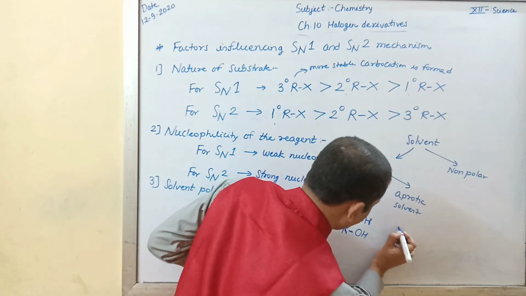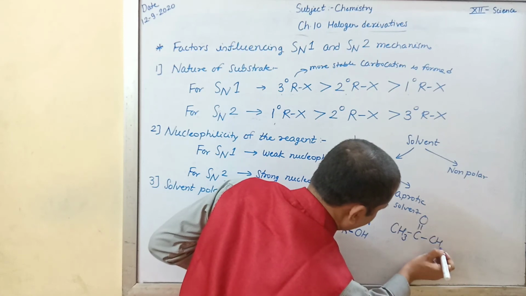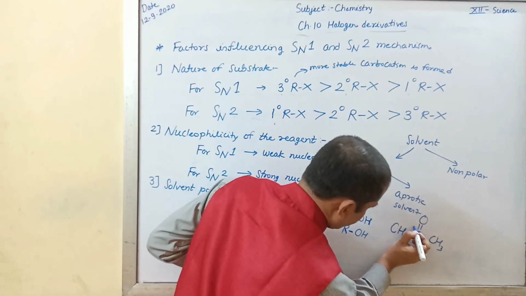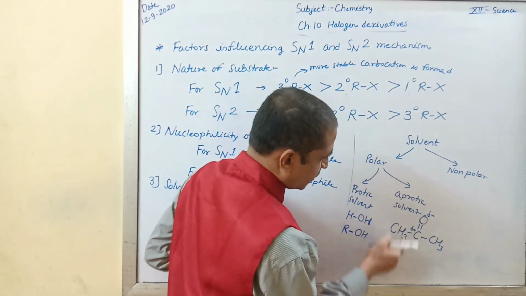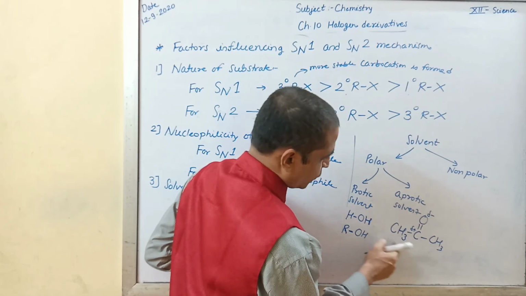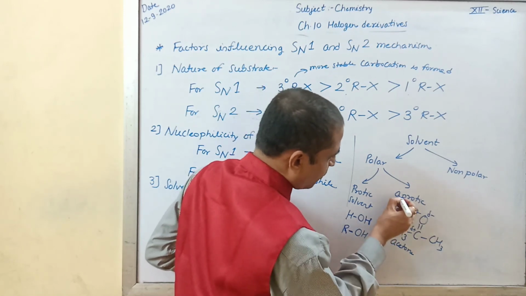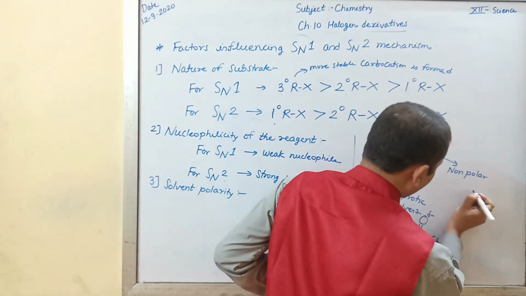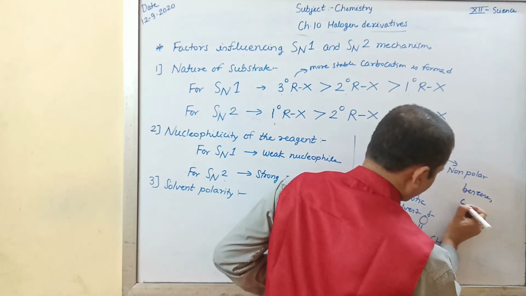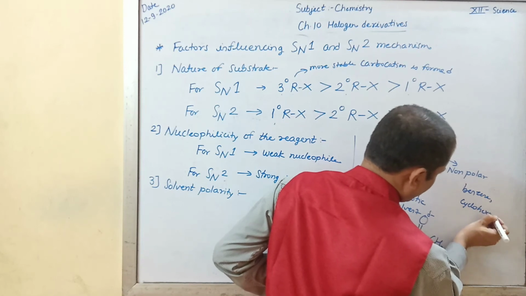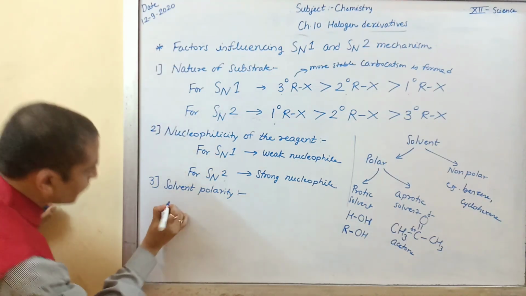And aprotic solvent like CH3COCH3. See, it is polar: carbon having positive charge and oxygen having negative charge. It is polar but aprotic because it is not able to donate protons. And non-polar means you can consider benzene or cyclohexane, etc. They are non-polar solvents.